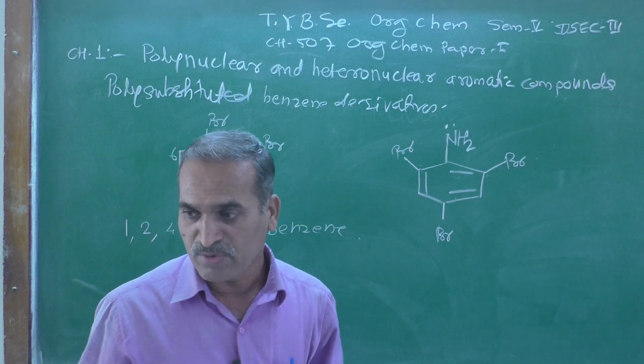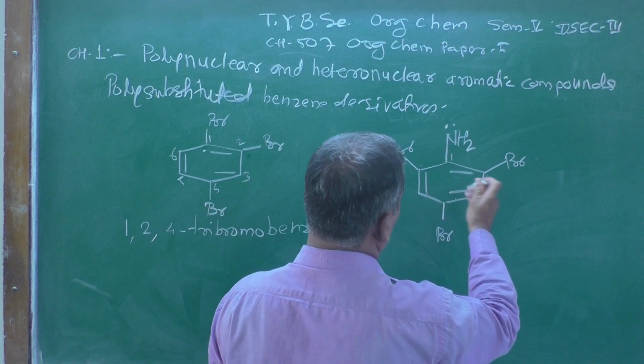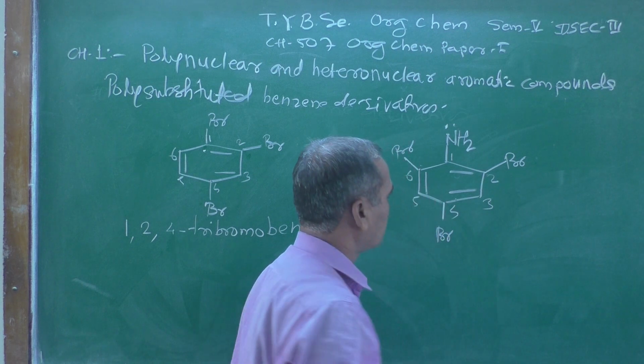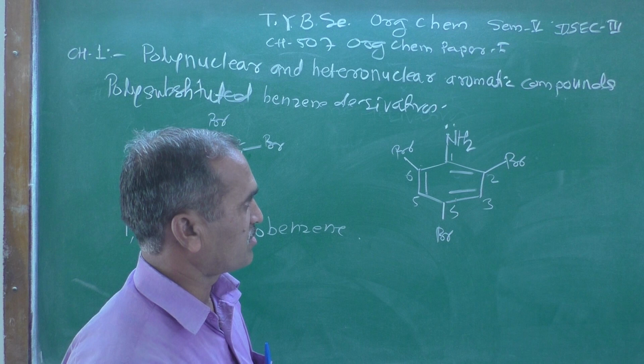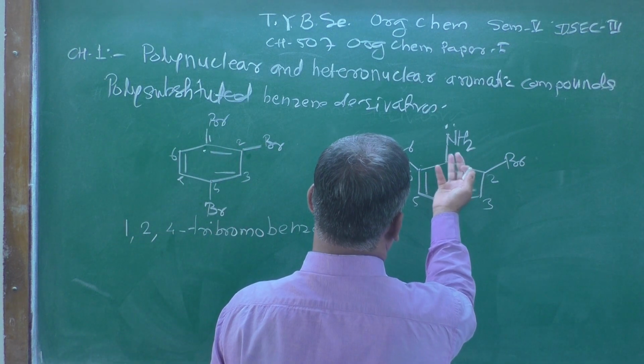So give the number 1, 2, 3, 4, 5 and 6. So this is the numbering system. Or either you can give the number from the left hand side, 1, 2, 3.